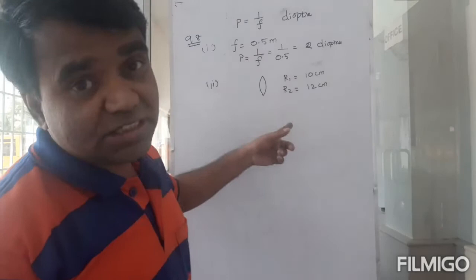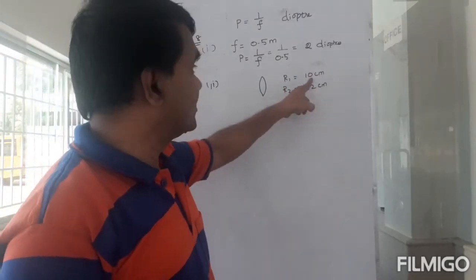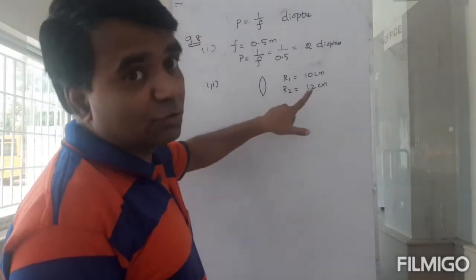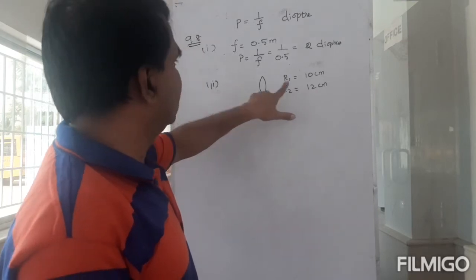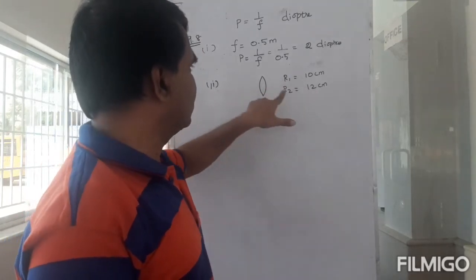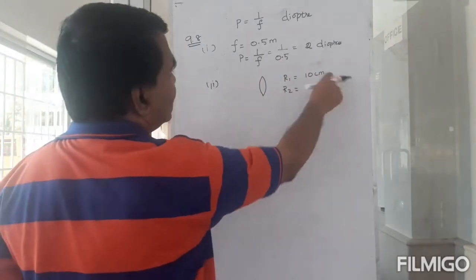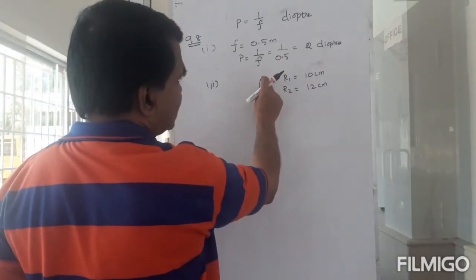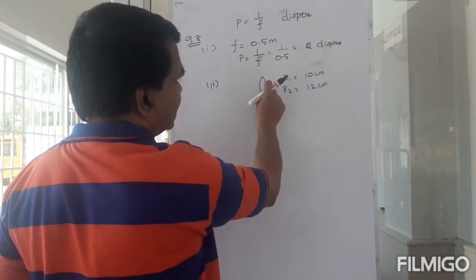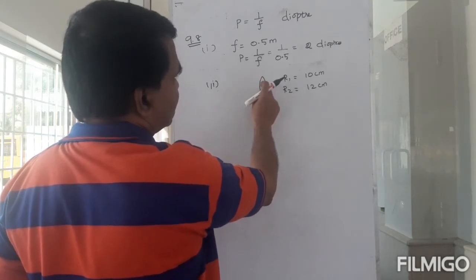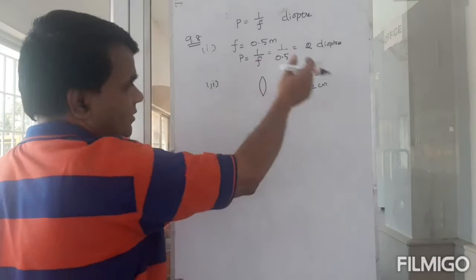One must be positive, the other must be negative. It depends on where you are going to keep the object. If you keep the object here, then R1 is going to be positive and R2 is going to be negative. And if you keep the object on the other side, then that becomes R1, which will be plus 12, and then we get minus 10.